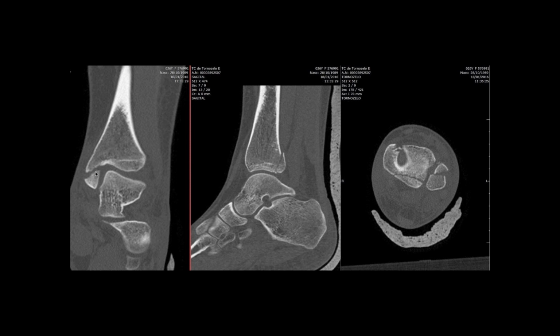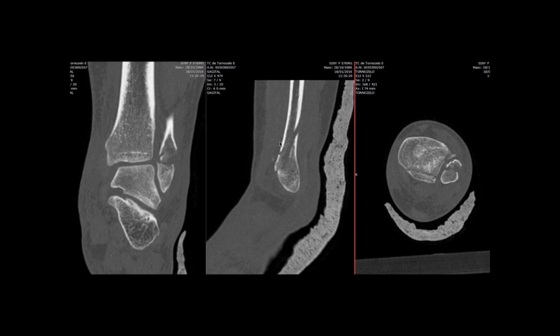Yeah, it's a typical eversion type injury, right? It's traction on the medial malleolus, pulling it off here, and then you're going to end up having kind of an oblique fracture on the lateral malleolus, which we can see on the axial images here. It's probably a rotational component too, John.